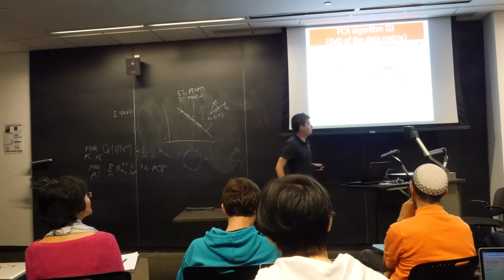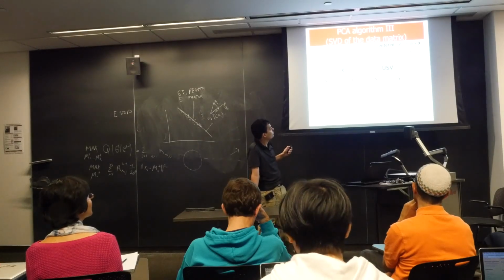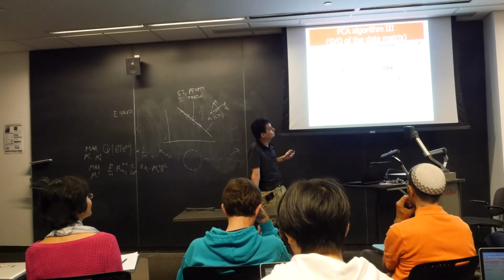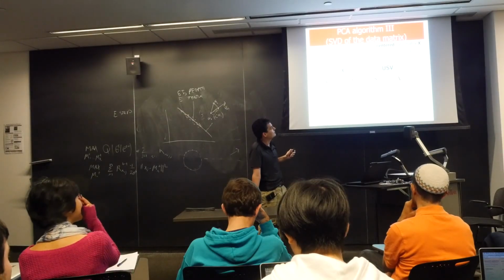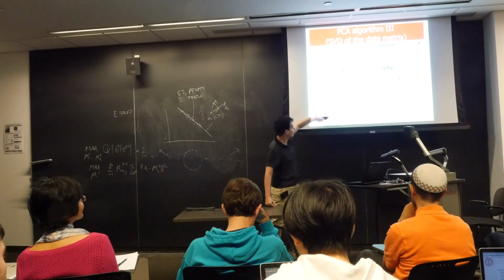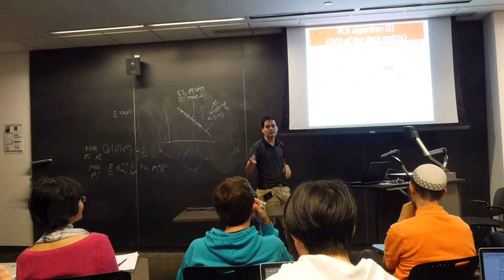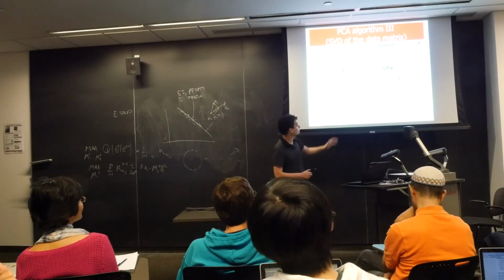All right. So here is algorithm 3. You have a data matrix x1, x2, up to xm, where each instance xi is capital N dimensional. So here is your data matrix X. This is capital N. We have M instances, and you do a singular value decomposition.